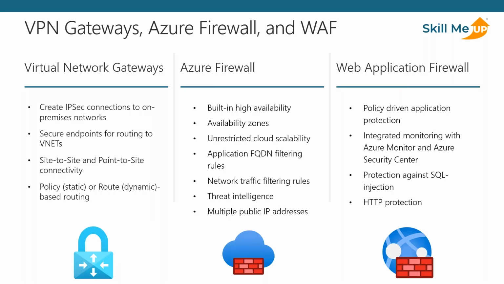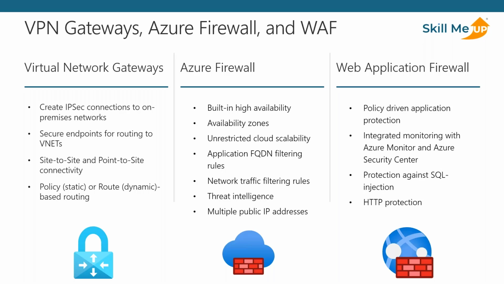As we take it a step further, now we're talking about the extended network services that, from an enterprise level, provide that connection and protect those connections at a deeper level. First of those is the virtual network gateways, which are utilized to create secure tunnels to on-premise networks, as well as provide secure endpoints for routing to VNets. Like I said, if you have overlapping IP addresses for VNets on your subscription, you may need to use a network gateway.